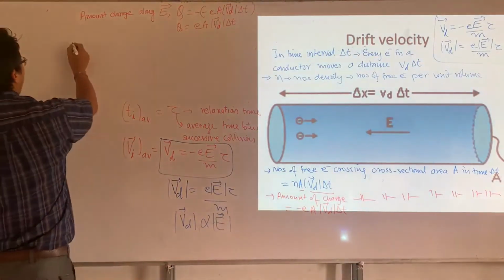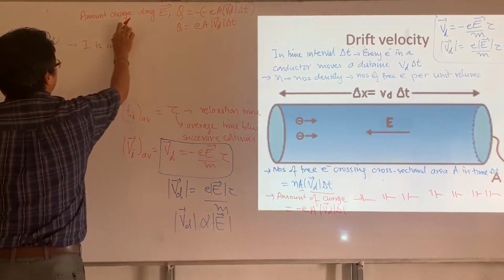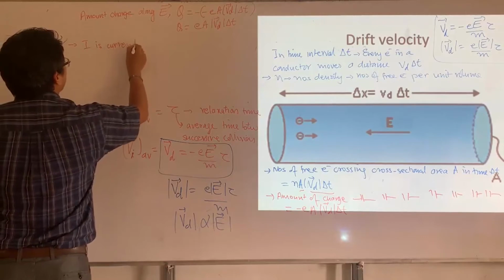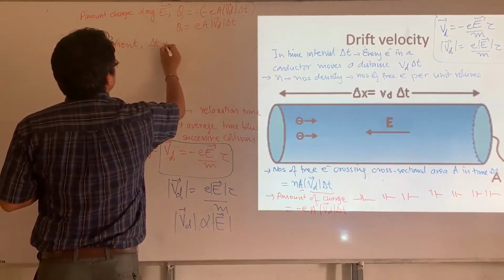Now look at here, if I is the instantaneous current, then delta T is a time interval.